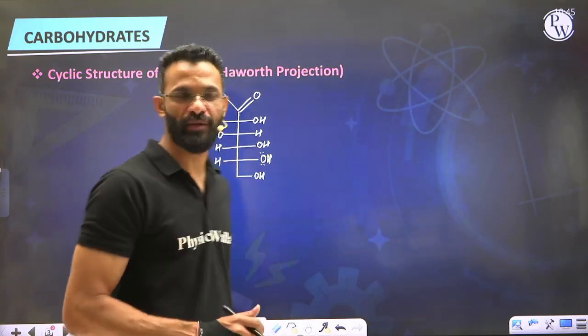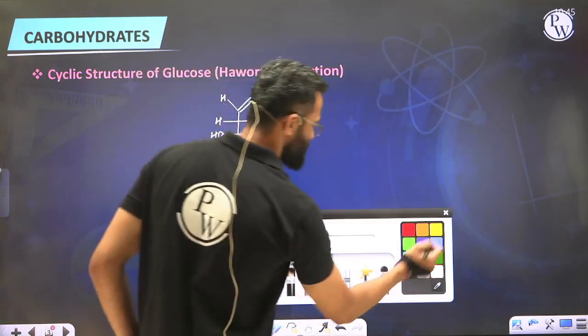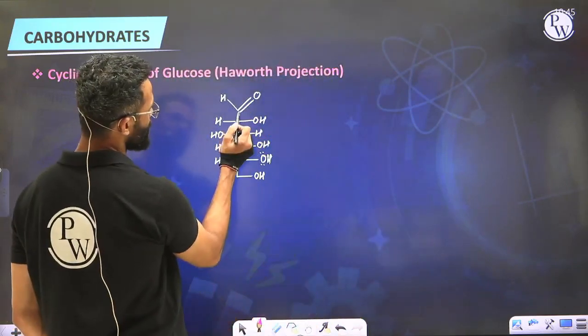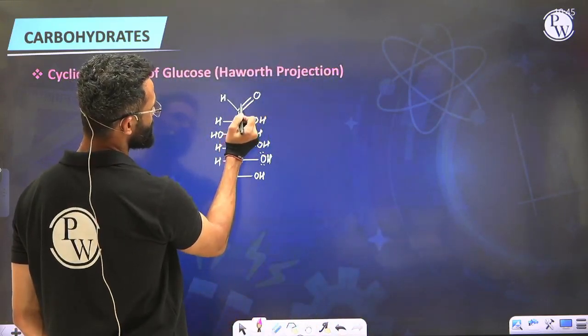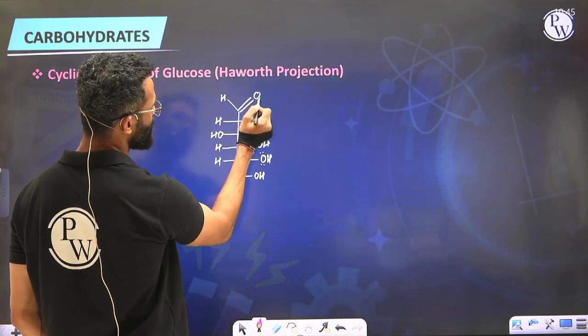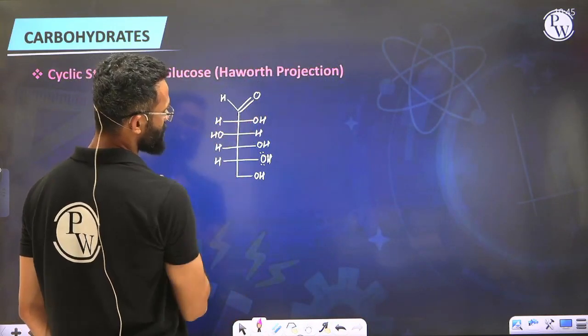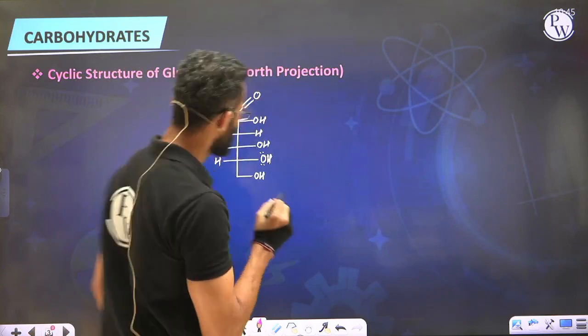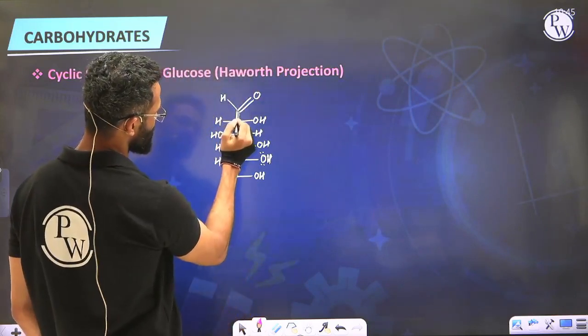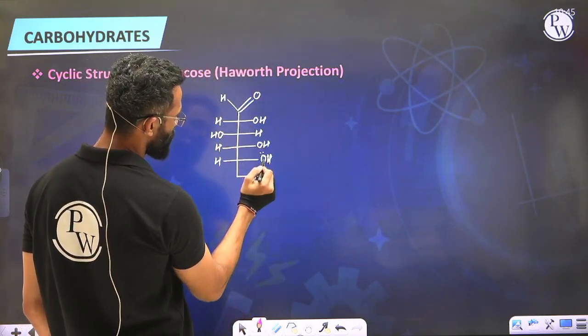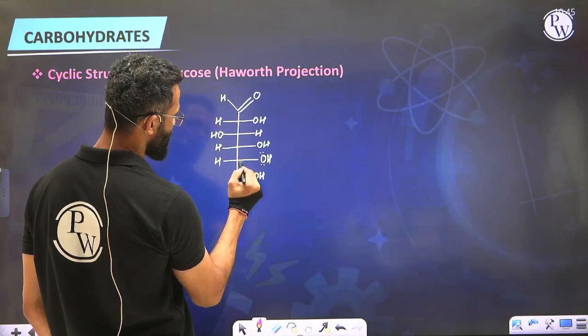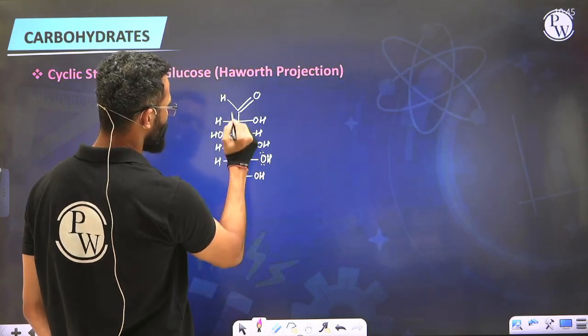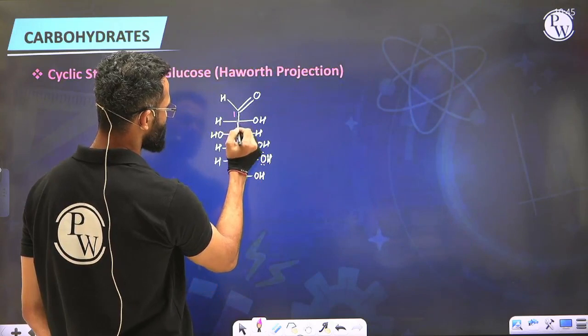How to get those remaining 2 structures: look, you will see here the carbonyl carbon is doubly bonded and connected to a more electronegative atom, making this carbon partially deficient. Because this carbon is deficient, the lone pair of the oxygen atom from carbon number 5 will now attack at this carbon, 1, 2, 3, 4, 5.